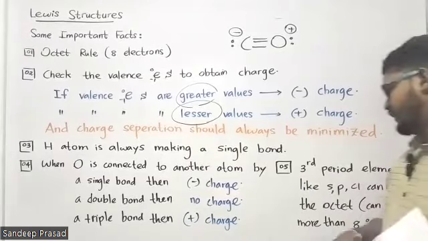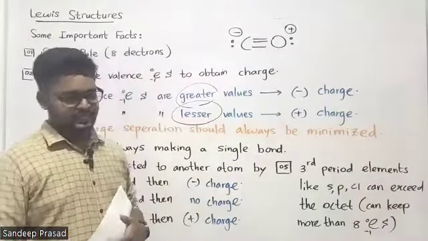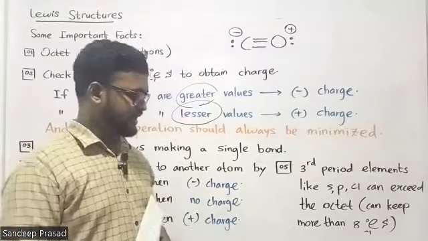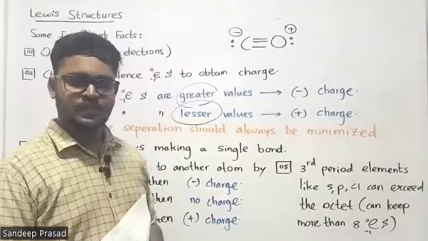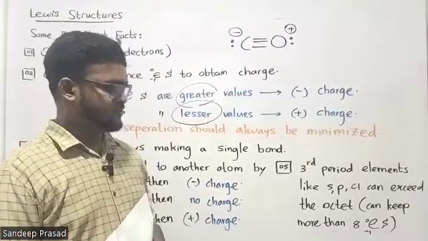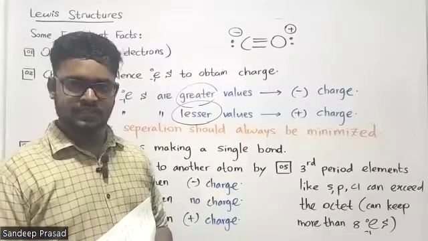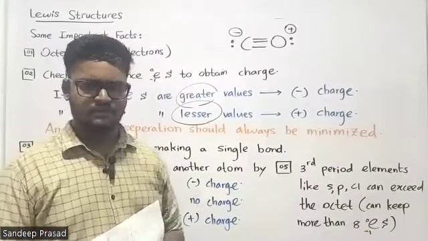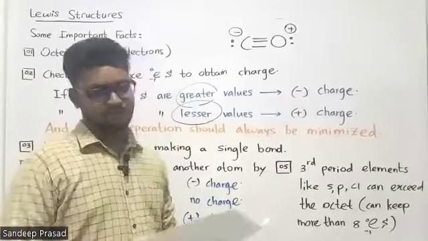Last point, which I explained earlier. Third period elements like sulfur, phosphorus, and chlorine can exceed the octet, meaning they can keep more than 8 electrons. Students, try to understand that some molecules containing sulfur, phosphorus, chlorine exceed the octet. We have already discussed some examples, and in this exercise also we have a few examples.